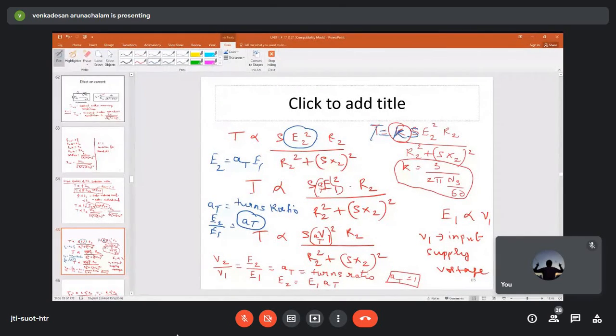See, transformer, you have primary side, you have secondary side. Everything is stationary there, right? How the EMF is getting induced in the secondary side? Due to the mutual induction, right? Here also, the primary side of the transformer is very much equivalent to the stator of induction motor. There also you have winding, here also you have winding.